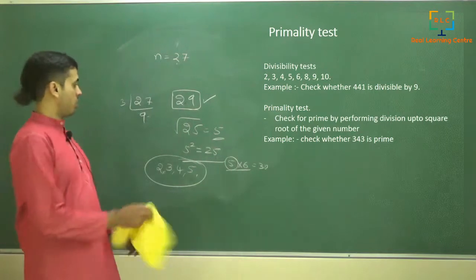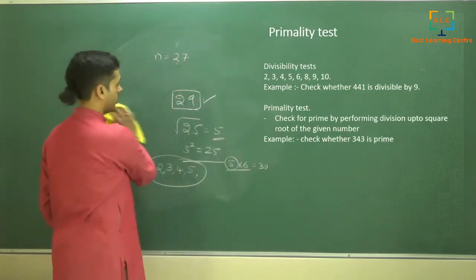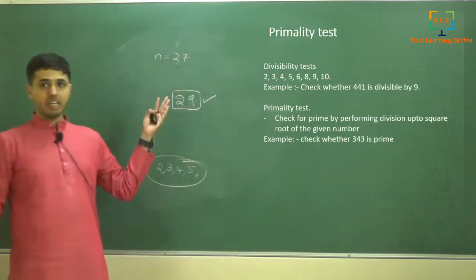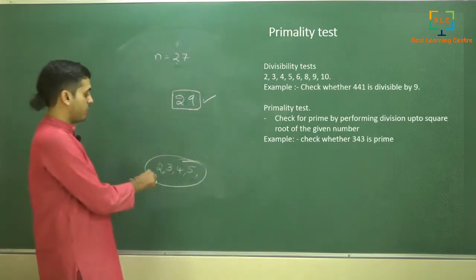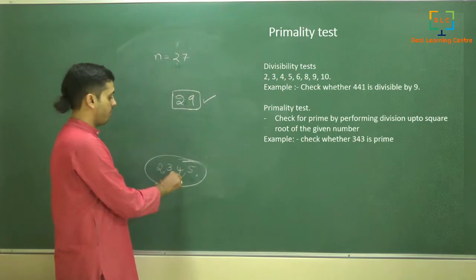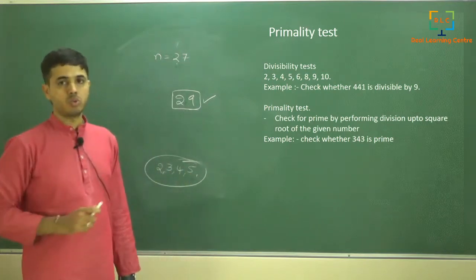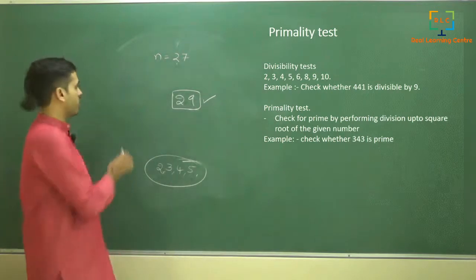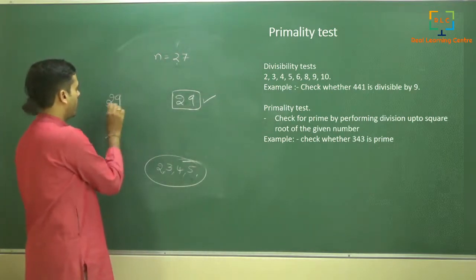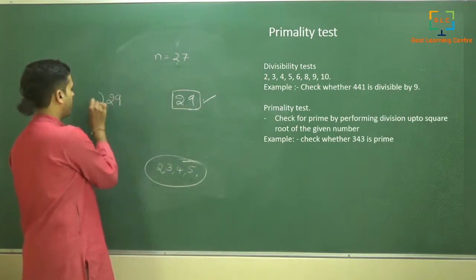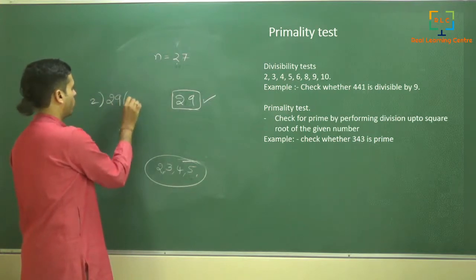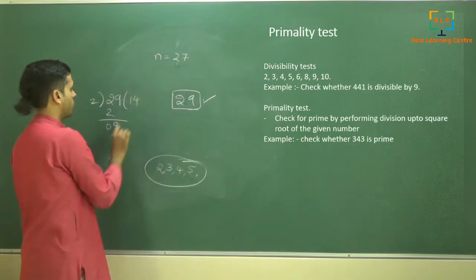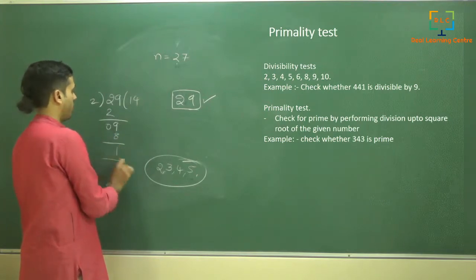Now in order to find out the divisibility, I told you that for 29, you have to check for divisibility with 2, 3, 4, 5 and that's enough. One way of checking divisibility is to start dividing 29 by 2: 2 ones are 2, then 9, 2 fours are 8, 1 remainder.